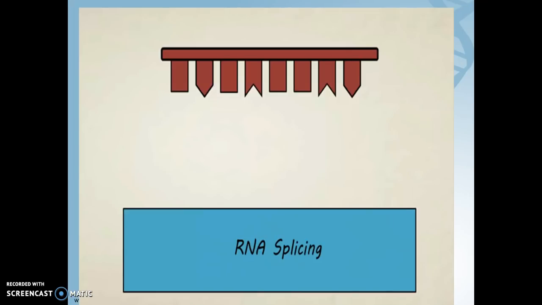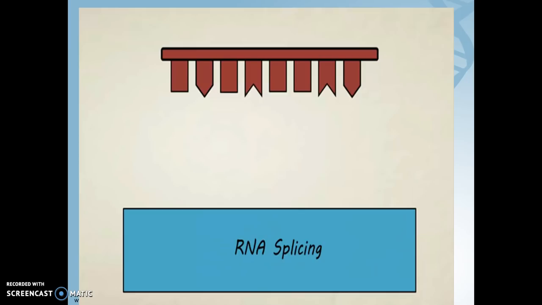Why do we call that a pre-mRNA? Because we cannot use this messenger RNA for protein synthesis. It needs to be modified, and that process of modifying the pre-messenger RNA is called splicing. So how is it modified?